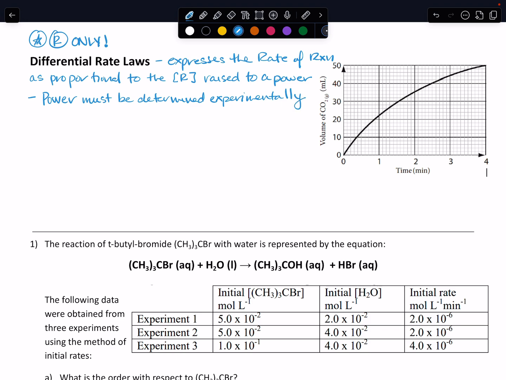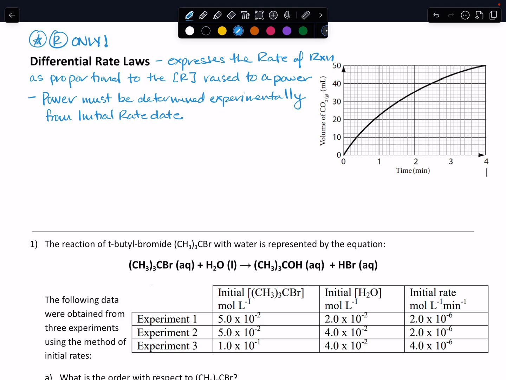And that experimental data is going to be from what's called initial rate data. And so you might ask, well, what is initial rate data? If you see, I've got a plot here of the increase in volume of a gas. Now, I realize this is not a reactant because it's clearly increasing, which makes it a product.